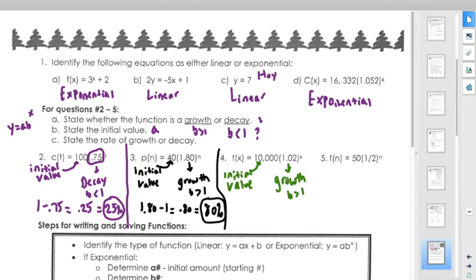And what is that growth rate or decay rate? Well, again, how far away is 1.02 from 1? I subtract the two. Bigger number goes first. 1.02 minus 1 equals 0.02, which as a percent is 2%, not 20.